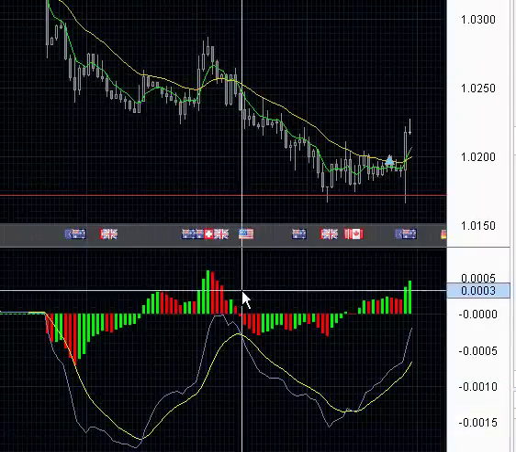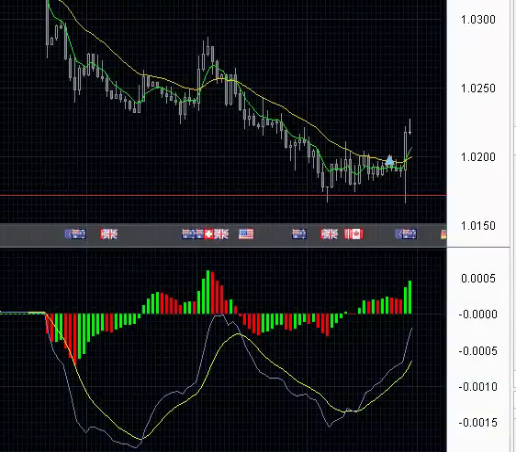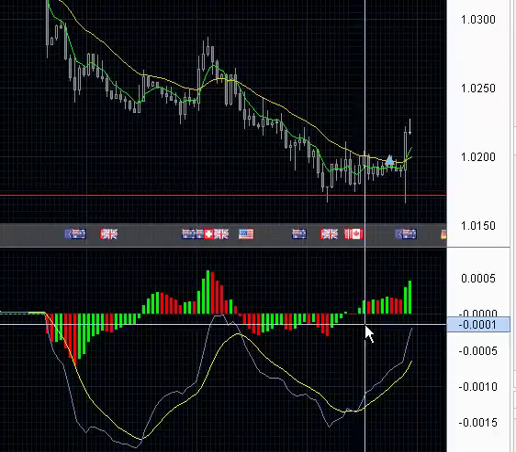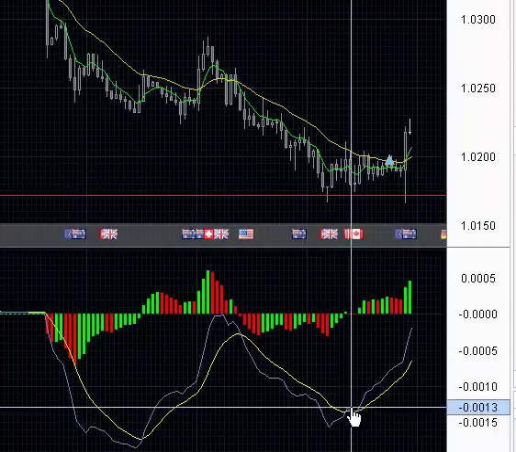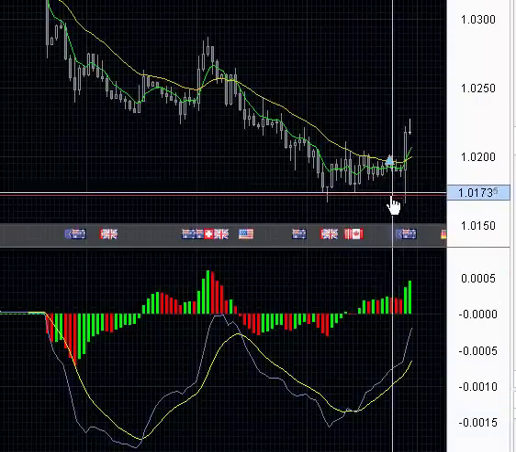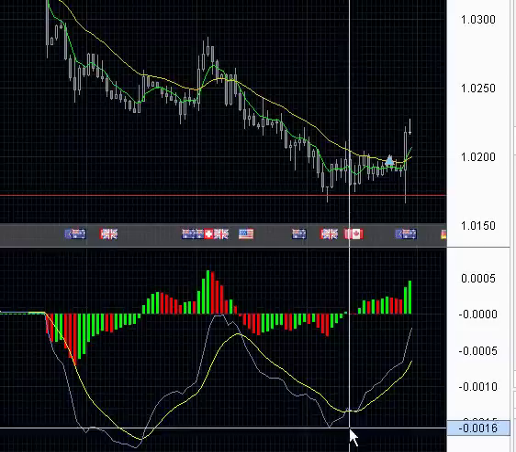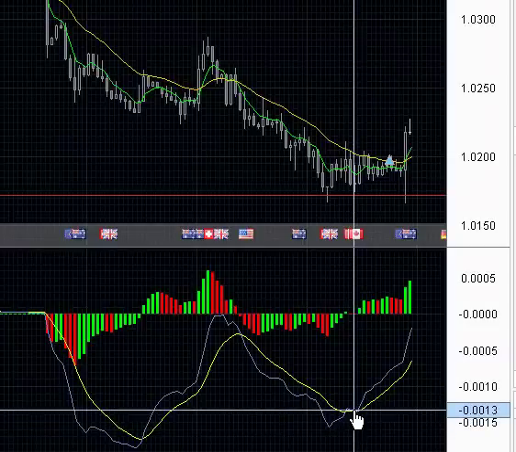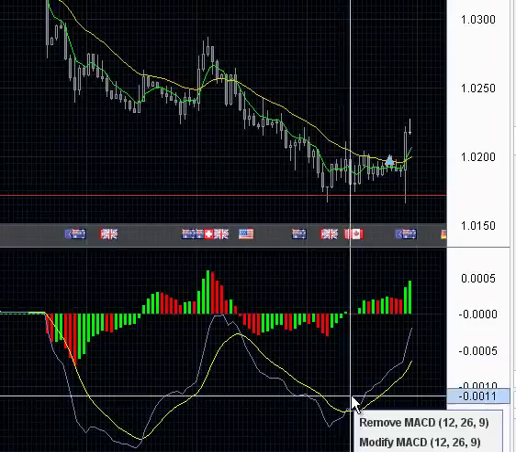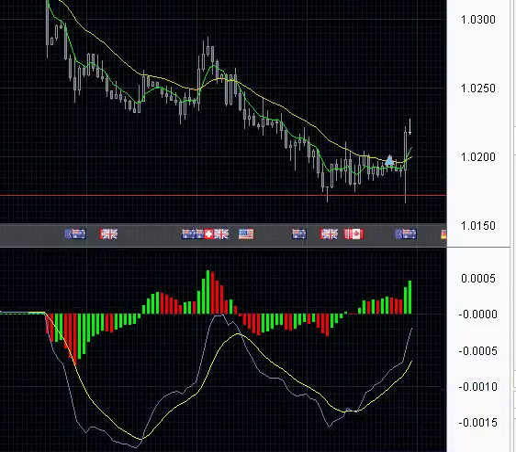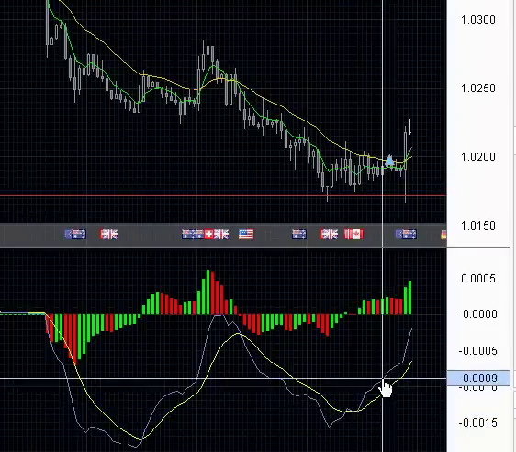Really easy to use. I use this in combination with about 4 or 5 other indicators, though. I'll never just solely utilize this, though some people do. But I wanted to point out the crossover which occurred down here at this level, and we had that on the 1 hour chart.